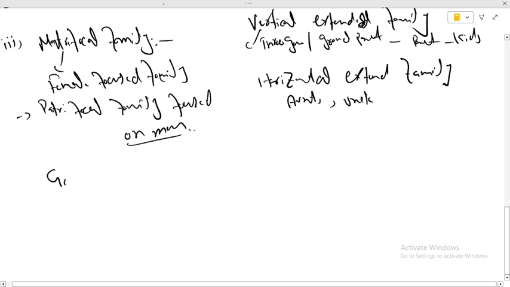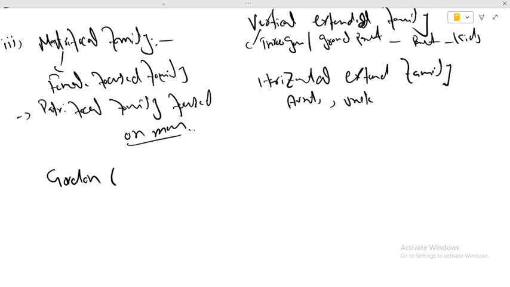Gordon said we have a new type of family known as the modified extended family.